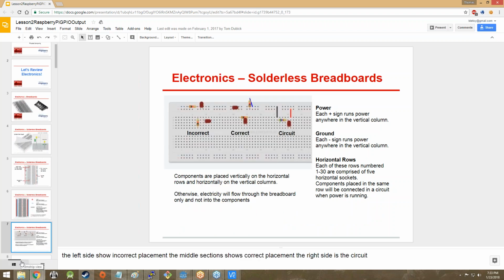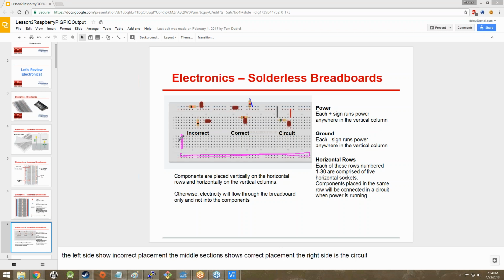So then, it is important to keep track of how components are plugged in to a breadboard. You might say, all right, these are cool because they're plugged in along the same, what's called a bus. So the horizontal ones in the middle and the vertical ones along the sides.